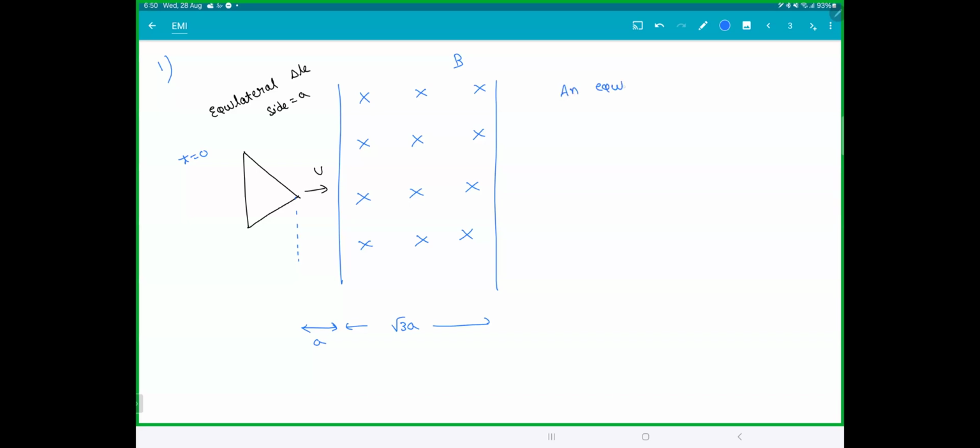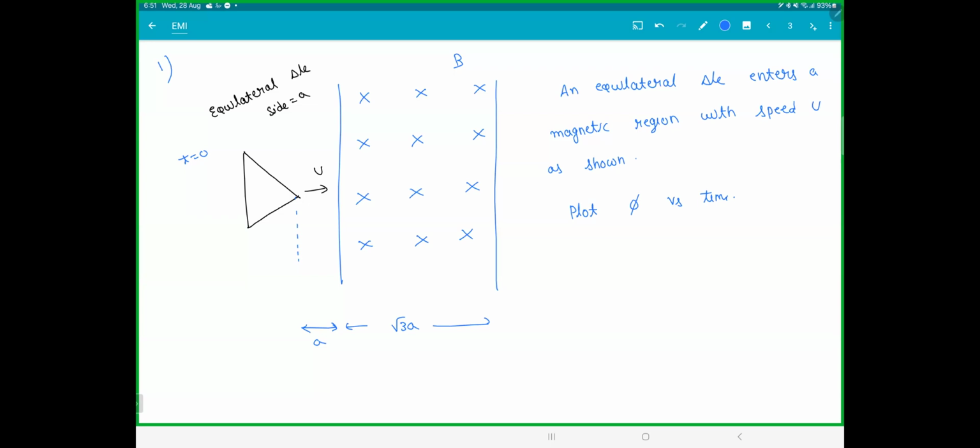So an equilateral triangle enters a magnetic region with constant speed u and leaves it. Plot the flux passing through the triangle versus time.